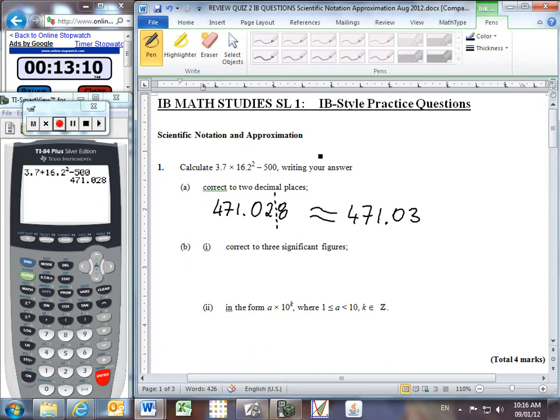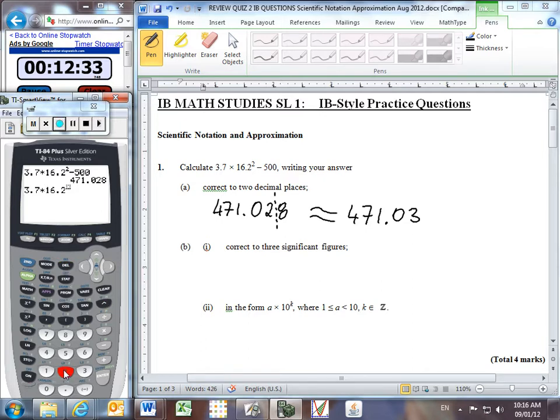I just want to point out that some of you might know how to use this button here on your calculator, an exponent, and I'll show you what happens if you have the new operating system installed already. Then you need to be careful using that button. 16.2, and we go to the power of 2.